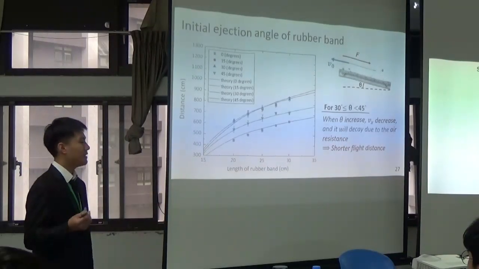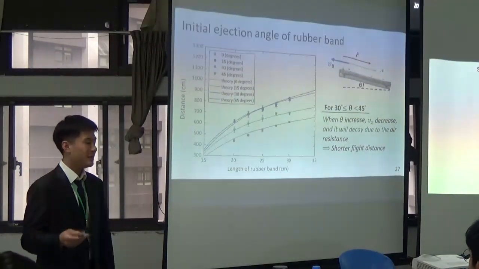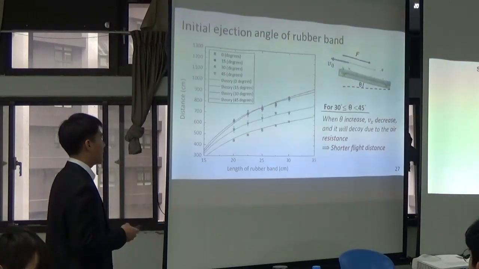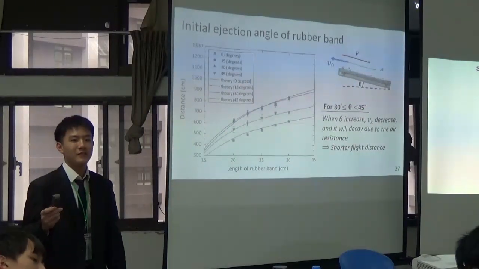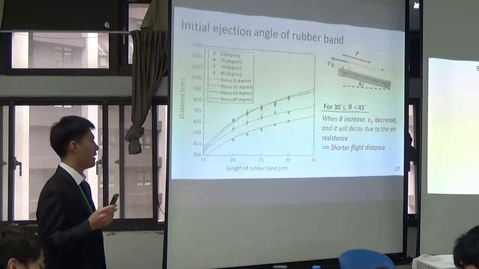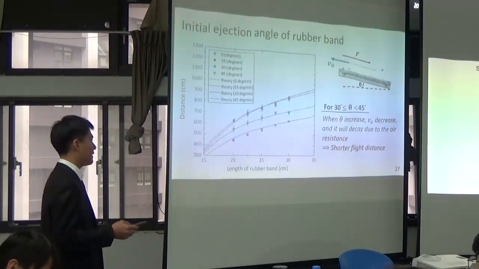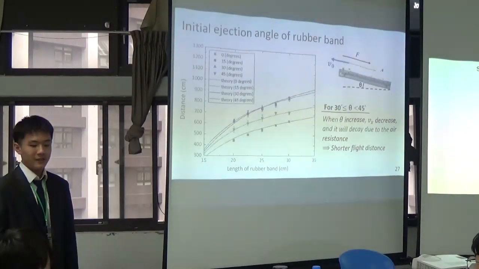But for 30 degrees to 45 degrees, when theta increases, the velocity of the x-axis, which is horizontal to the ground, will decrease, and therefore it will decay due to the air resistance, and therefore having a shorter flight distance.